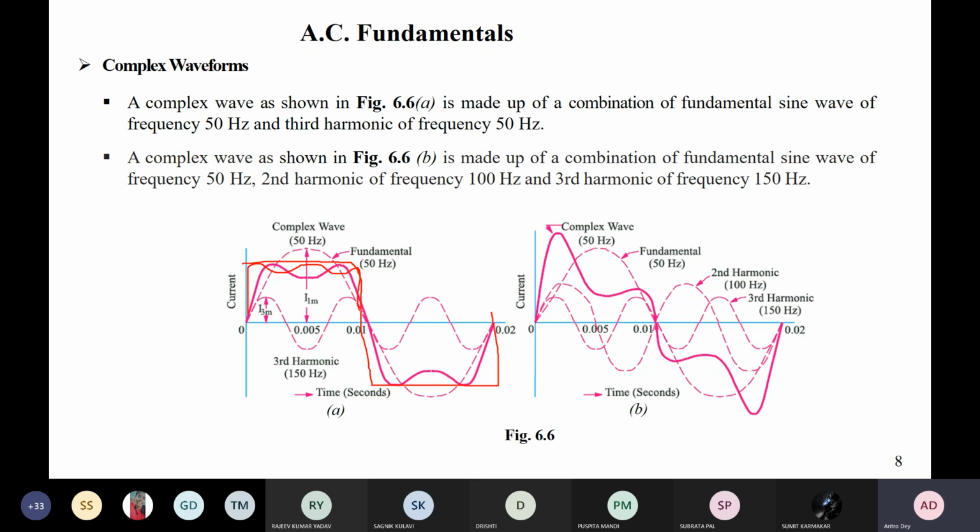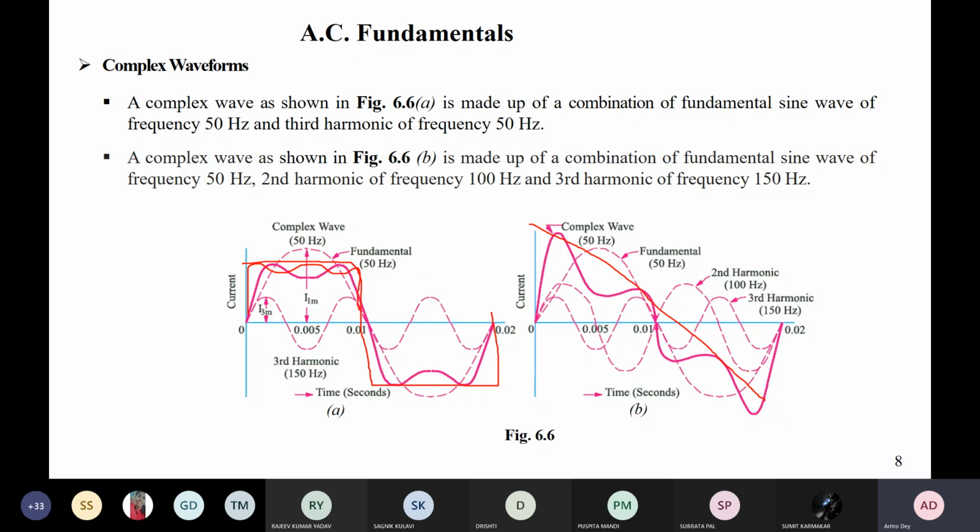So these things happen. And here also we can see a fundamental harmonic, then we have a second harmonic and third harmonic. So you get a signal which is more like this, a ramp signal with a negative slope.